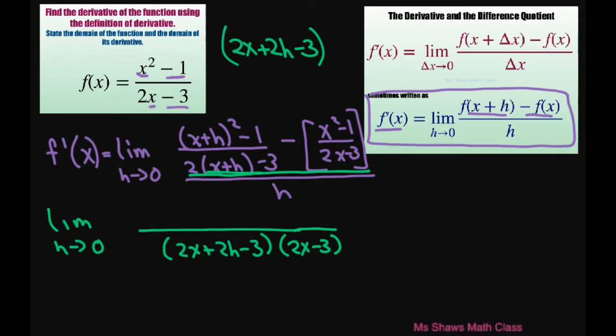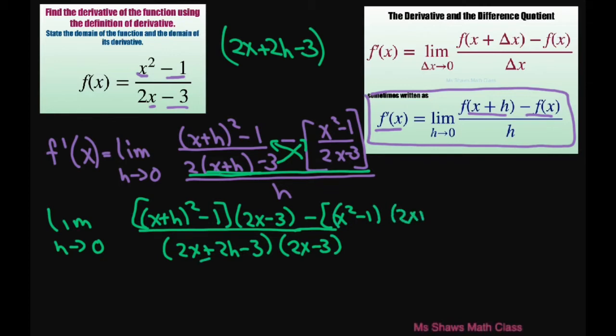Now, since we're getting the common denominator, we can cross multiply. So this one is going to be x plus h squared minus 1 times 2x minus 3, minus x squared minus 1 times 2x plus 2h minus 3. This h here I can move up here.